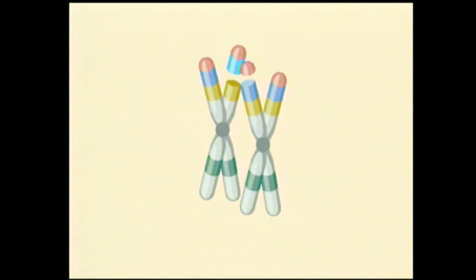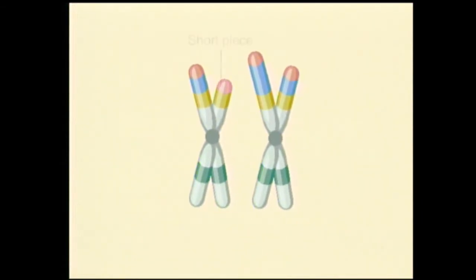When the breaks are repaired, the different sized pieces may be exchanged. When the short piece of the chromosome is added to the shortest broken arm, a gene is left out. The gene represented by the blue band is missing. This error is called a deletion. The longer piece contains genes already present on the other chromosome's arm.